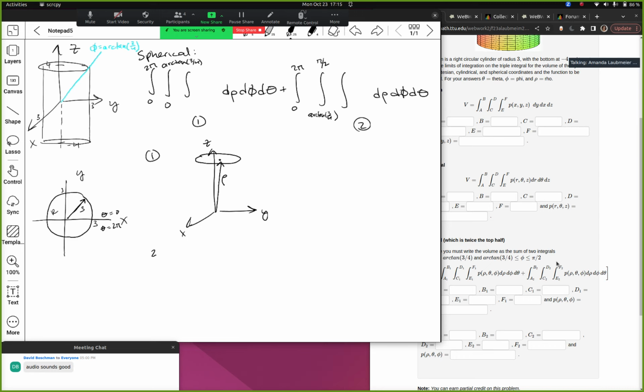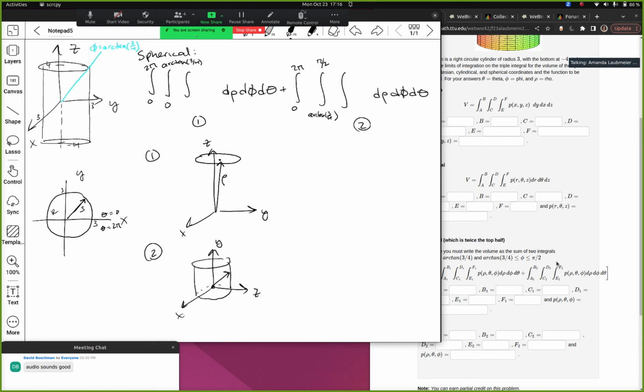And then for part 2, rho has to be the distance from the origin to this actually cylinder shape.